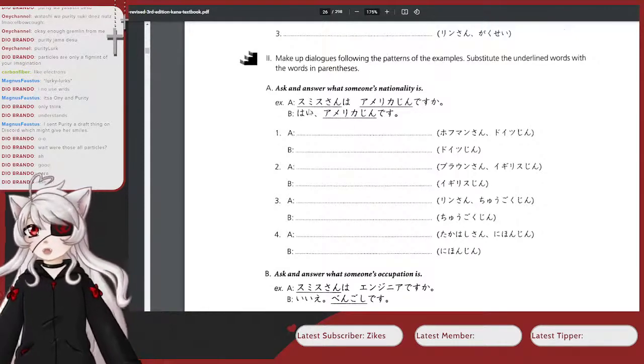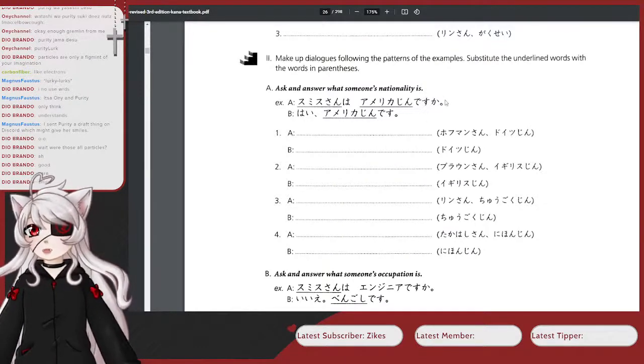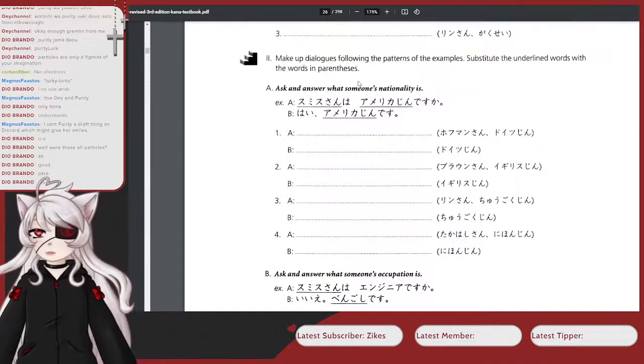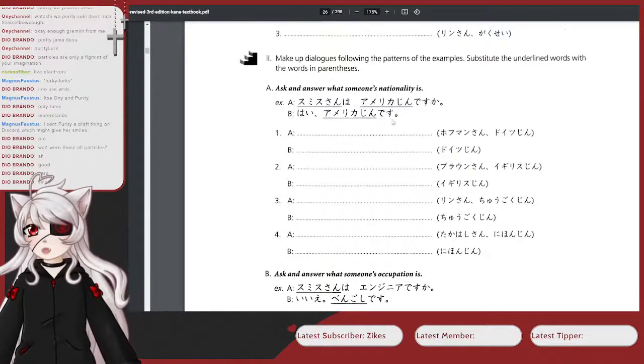So, Smith-san, is he an American? This is the order it goes in. And then the response is Hai, America-jin desu. Yes, he is an American.